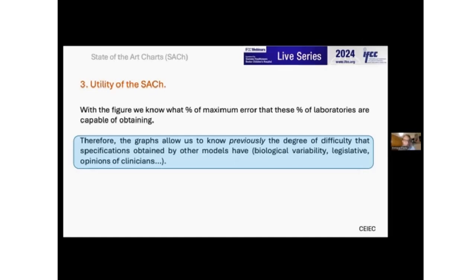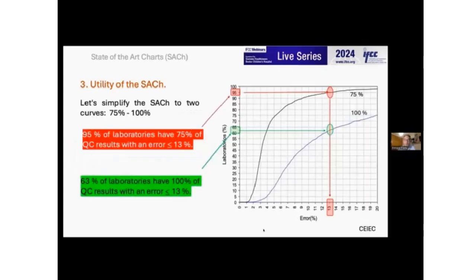As mentioned, the minimum consensus specifications belong to Model 3 of the Milan model, and what we have to do is, by using the state-of-the-art graphs, the total error given on the x-axis will be considered as the minimum consensus specification, provided it meets the condition mentioned, which is our mantra, that 90% of laboratories, which we will see starting from the y-axis, have 75% of their results, in our case control samples, below the value given by the x-axis, using the 75% curve.